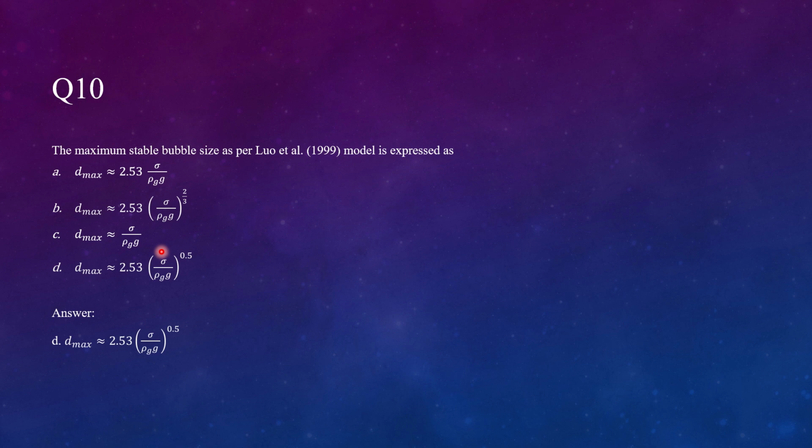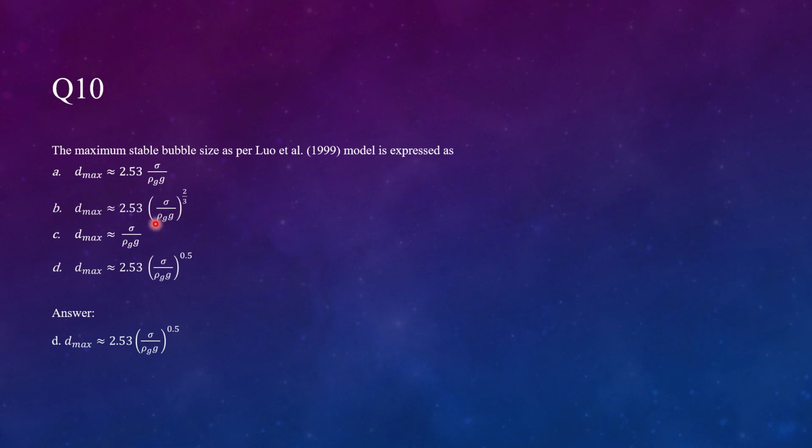So the answer to this is 2.53 into the square root of, in the numerator sigma, that is the surface tension, and in the denominator rho G into g. Rho G is the density of gas and g is the acceleration due to gravity.